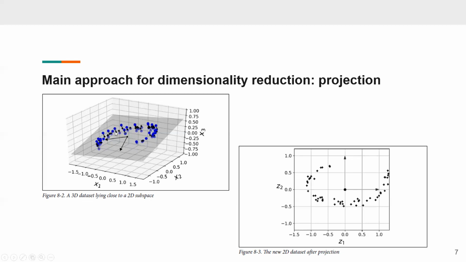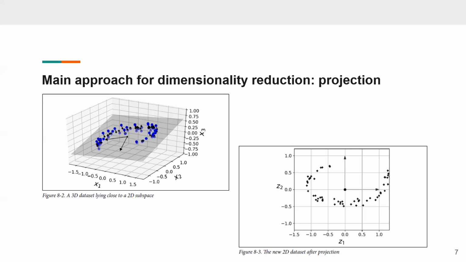Same thing for this point, which results in this diamond, and so on. At the end, if you just look at the diamond points on the hyperplane, it should look like what we saw on the bottom right hand side. So three-dimensional space points are projected to a hyperplane, shown in two-dimensional space.